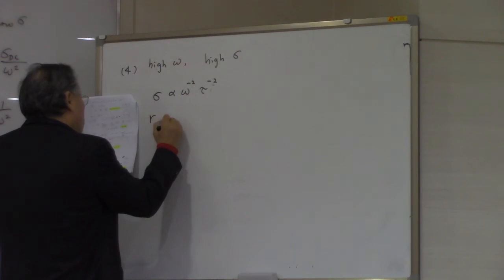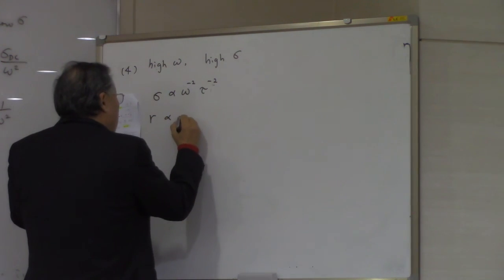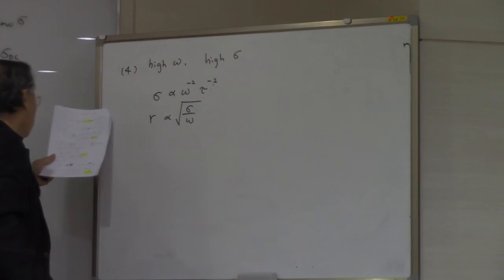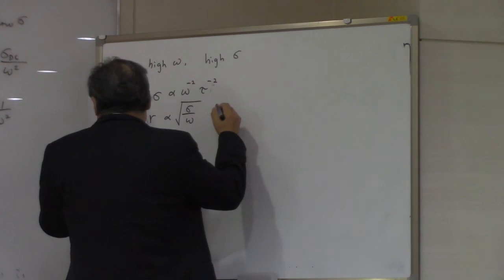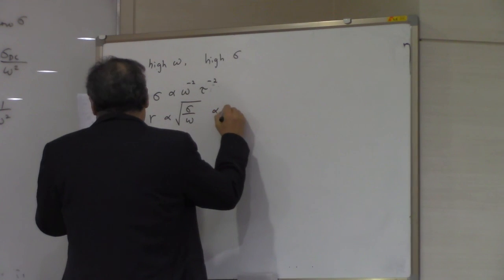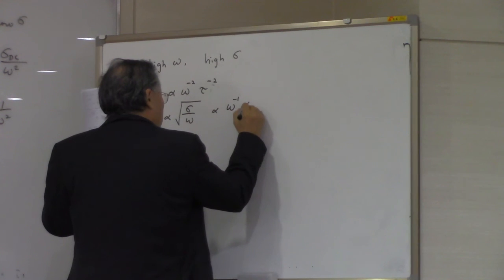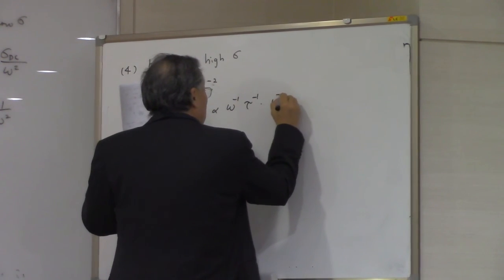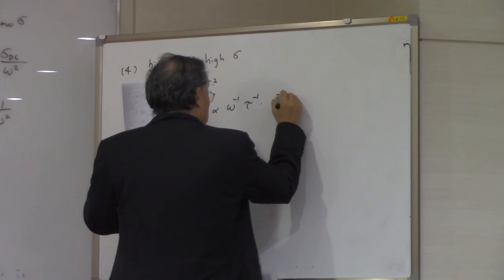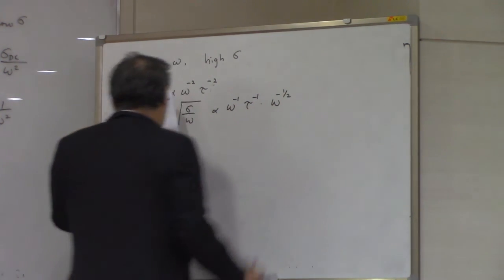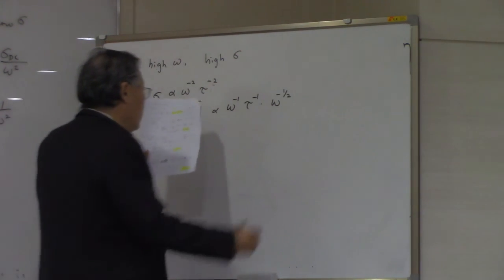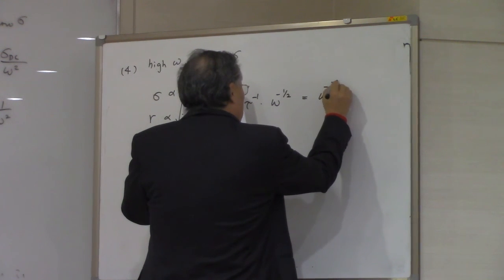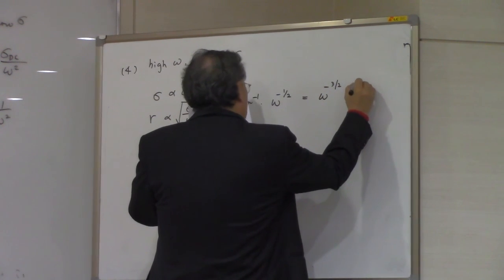And then R, refractive index, is going to be proportional to square root of sigma over omega, and then that is times something like this, right? So it means that omega minus 3 and tau minus 1 power.